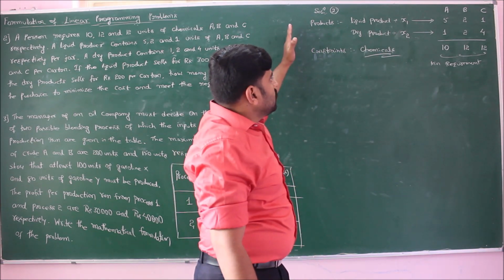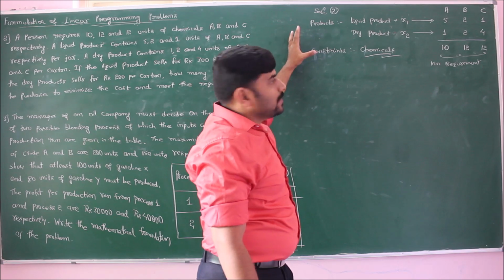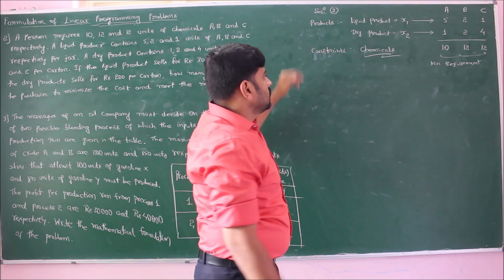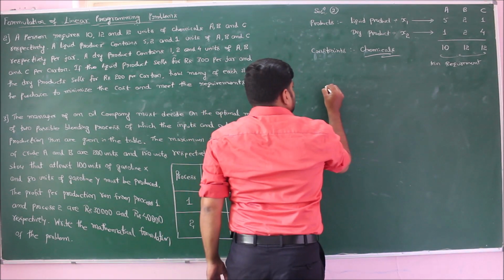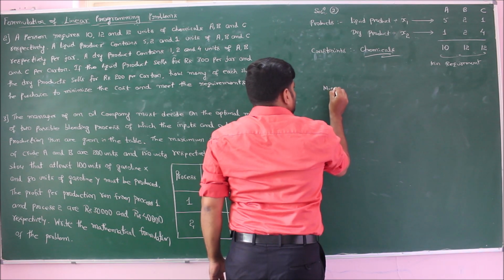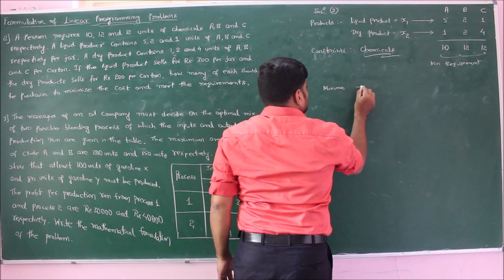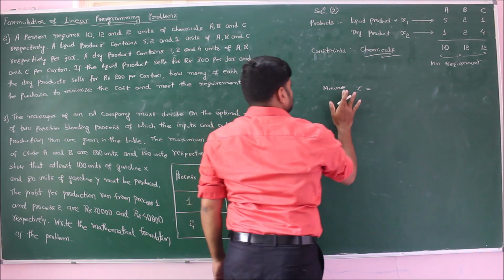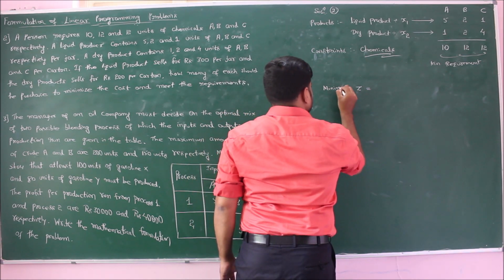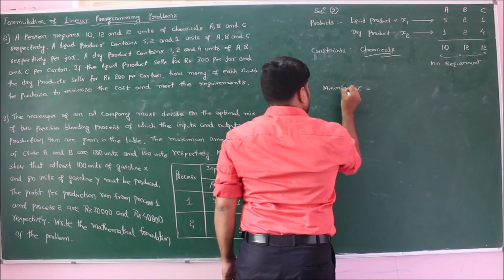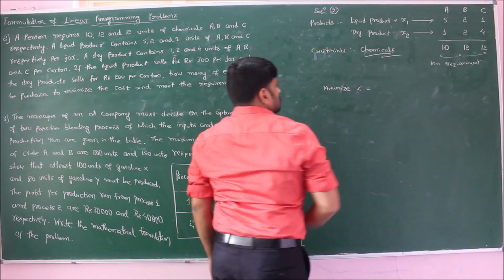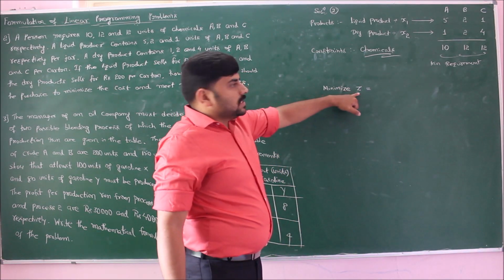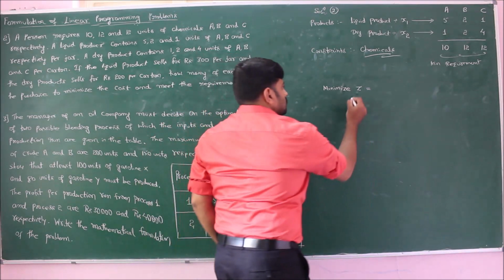Now our objective function is to minimize the purchase cost. So the objective function will become: minimize Z is equal to... Z is the notation for the objective function.